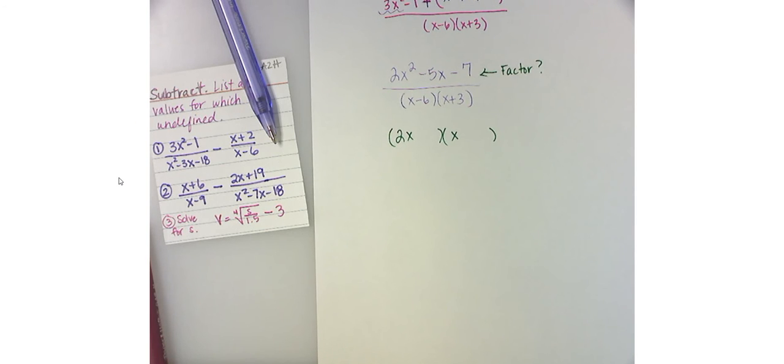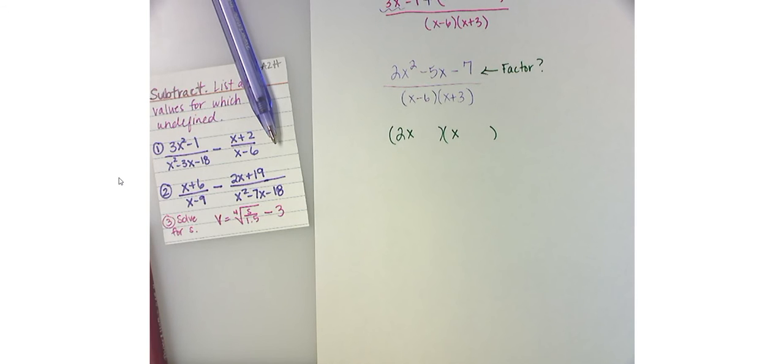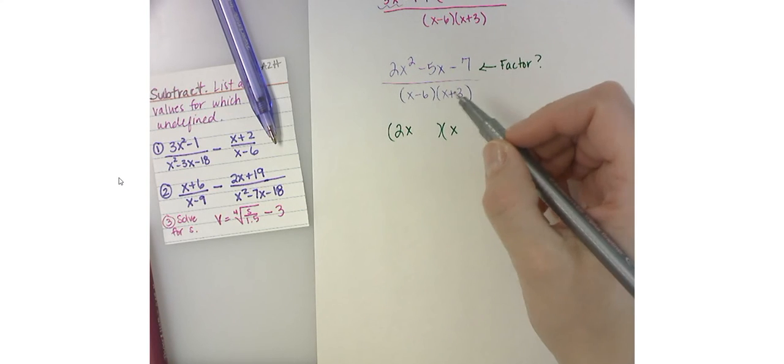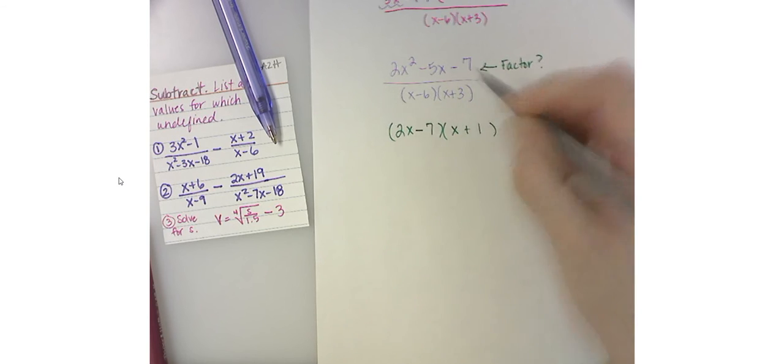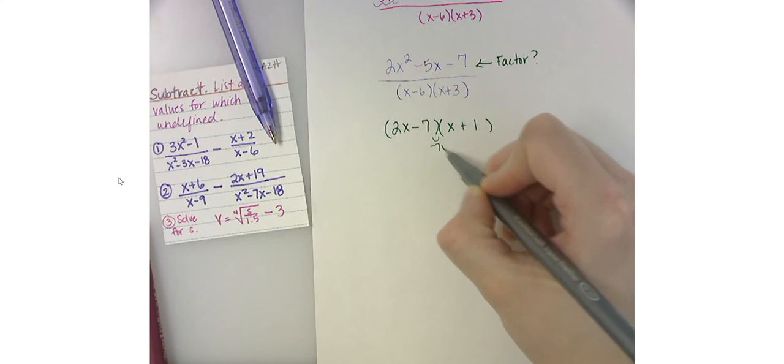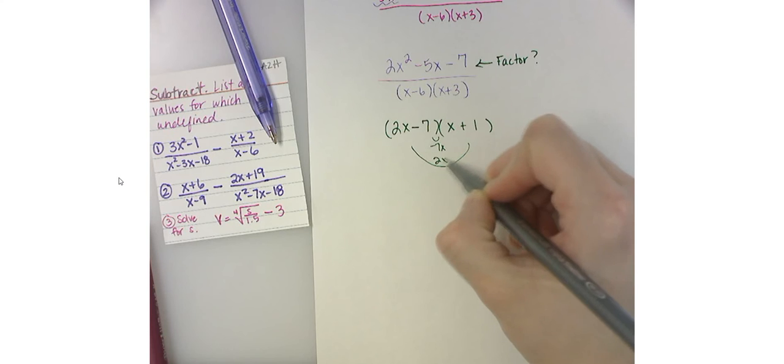If it's negative, so what do we know about the signs? One of them has to be negative. Did you guys find something that worked? 2x. Okay, so if you have 2x minus 7, x plus 1, when you check this, you get negative 7x here, you get 2x here, which is negative 5x. Yep.